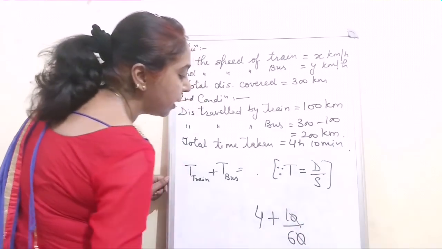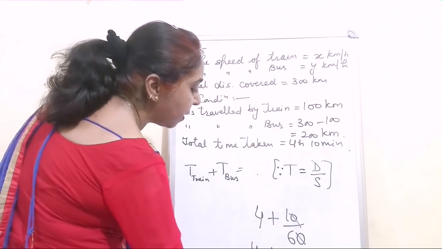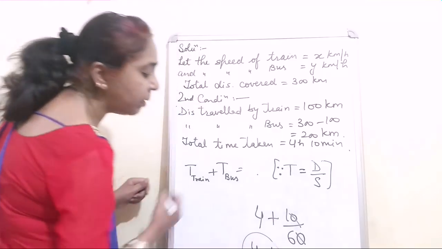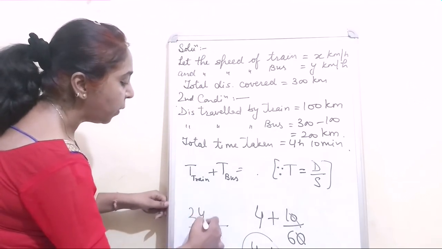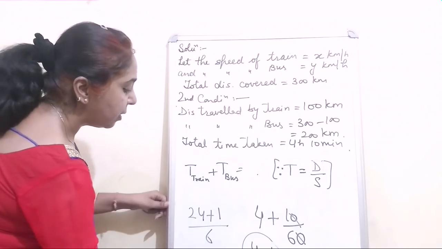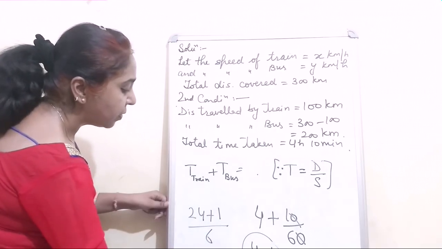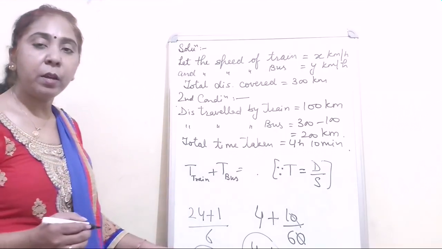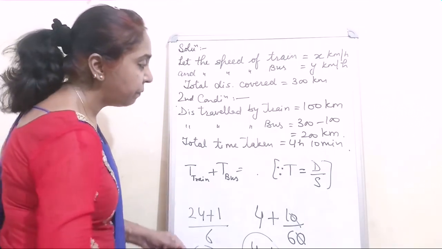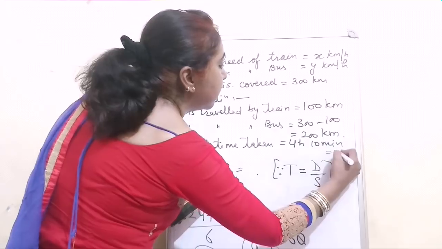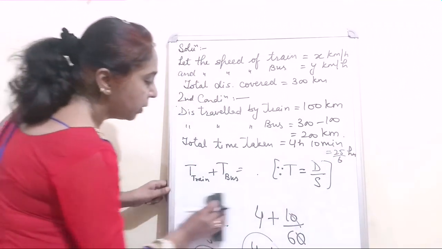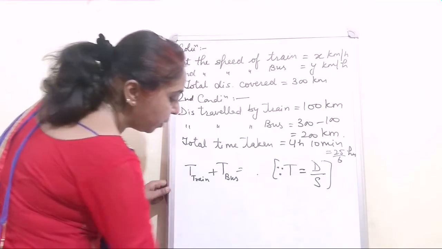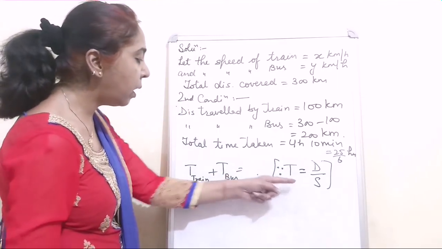So it will be 4 plus 1 by 6, and if you add these two by taking the LCM, this will be 24 plus 1, which is equal to 25 by 6. So the total time taken will be equal to 25 by 6 hours. Right?